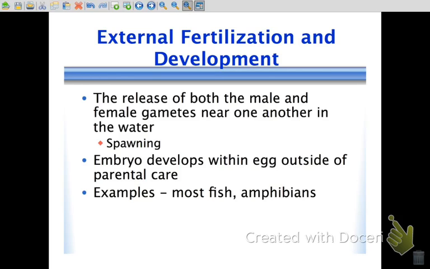So you got to throw out a lot of eggs, millions of eggs, and millions of sperm so that they can find each other. Second, there's no protection at all. Think about Finding Nemo. Sad, the predator came and ate all the embryos and only Nemo was left. And so there is no protection. Most fish and amphibians, frogs, they do external.